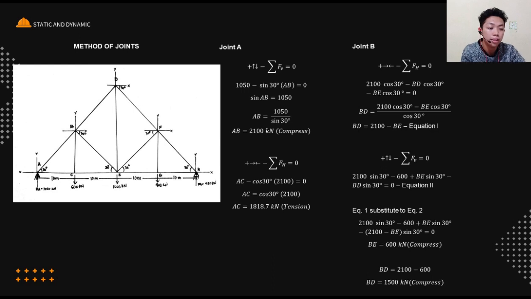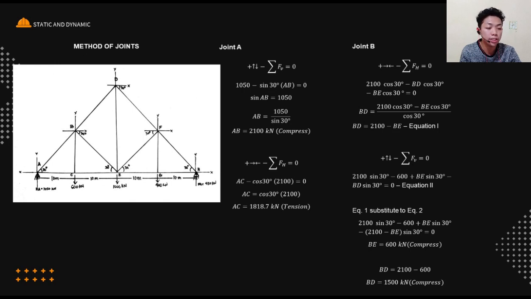Then, yung BD cosine 30 degrees natin is pakaliwa, so magiging negative siya. Tapos, yung BE natin na pakaliwa din is magiging negative, so magiging BE cosine 30 degrees. So, para makuha yung BD natin is i-divide yung 2,100 cosine 30 degrees minus BE cosine 30 degrees sa cosine 30 degrees. So, cancel yung mga cosine 30 degrees. Ang matitira is BD is equals to 2,100 minus BE. So, yun yung magiging equation 1 natin.